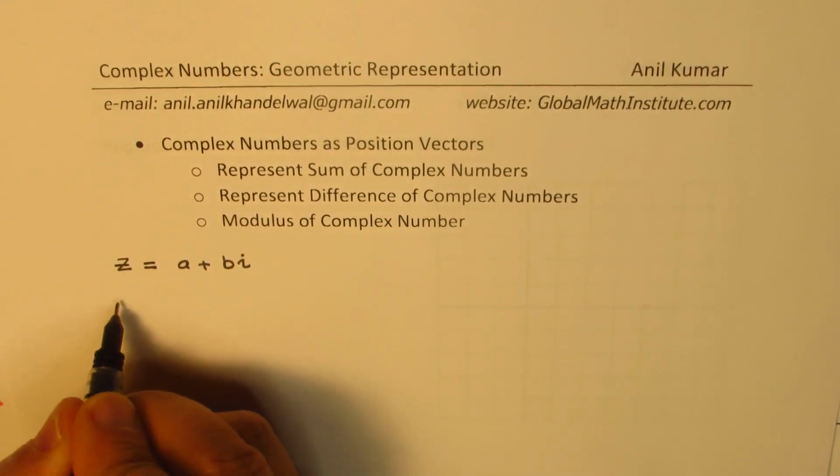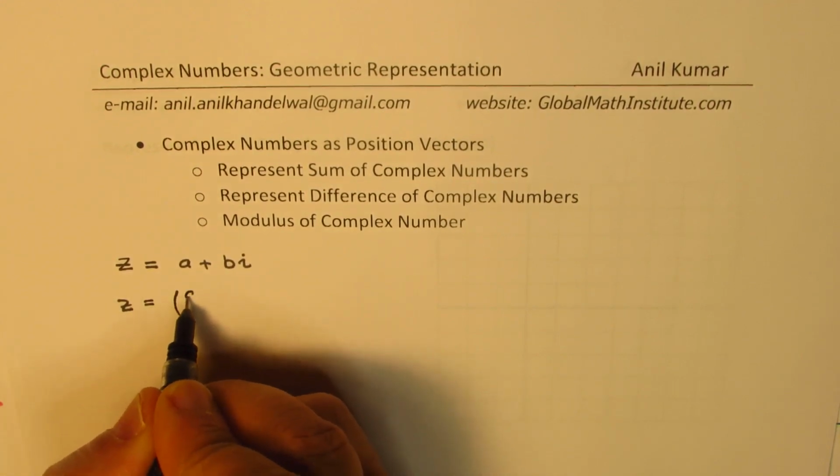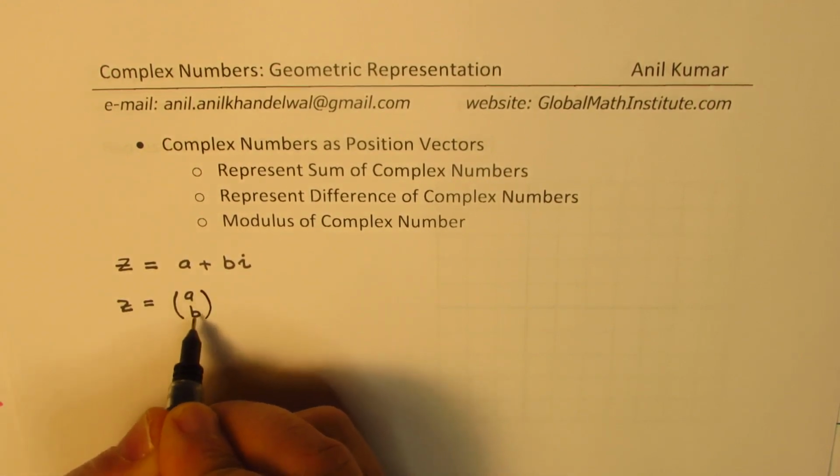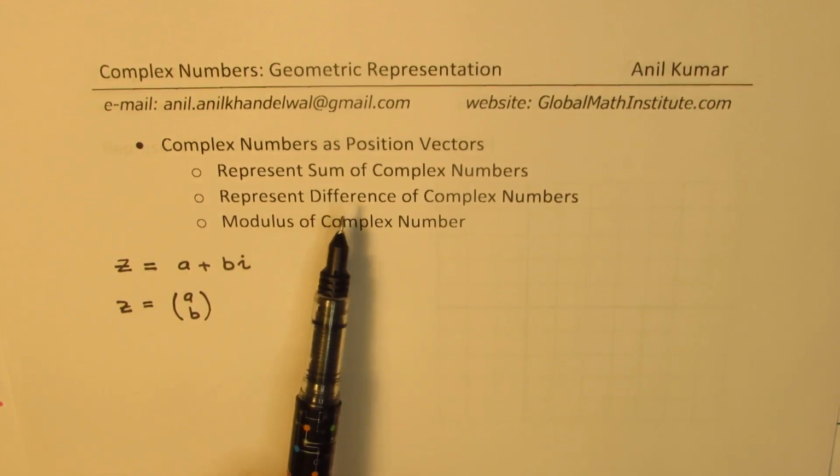Now we can also write the same complex number in column form, a and b, right? So this form helps us to perform operations, especially addition and subtraction, very simply and is used many times. So we are going to actually use this nomenclature and then show how to add and subtract complex numbers.